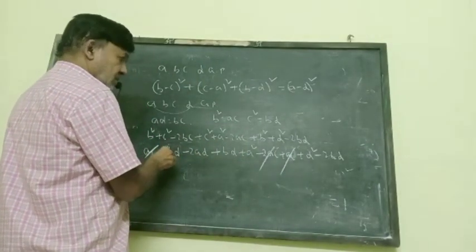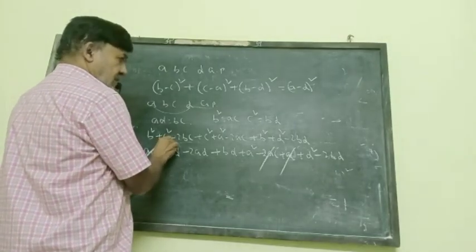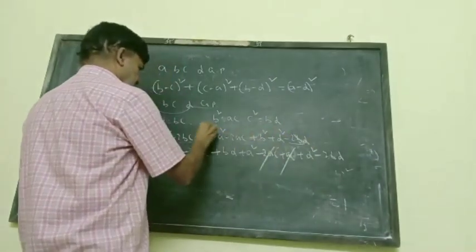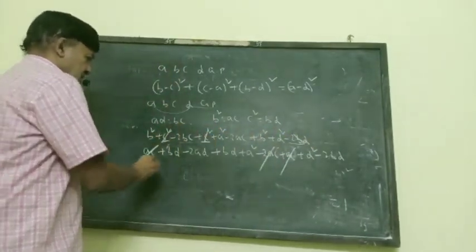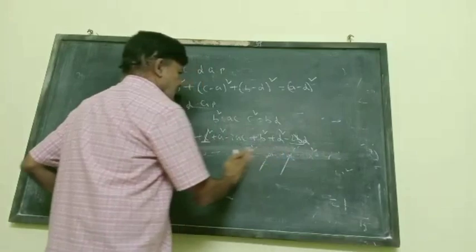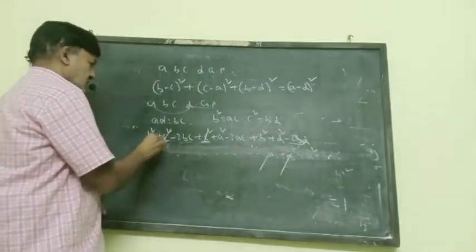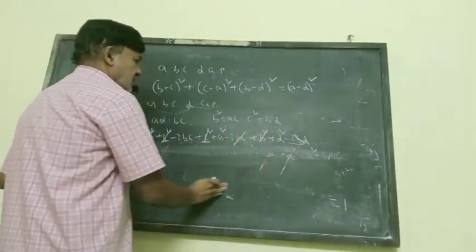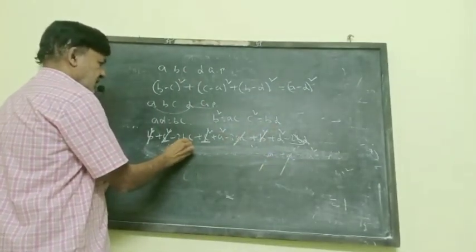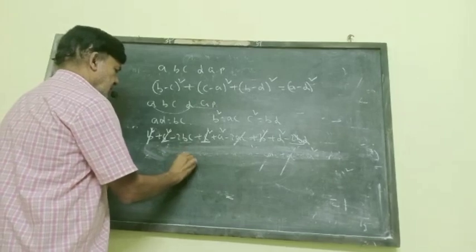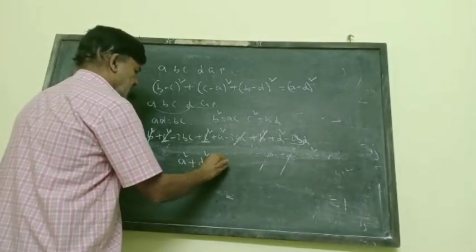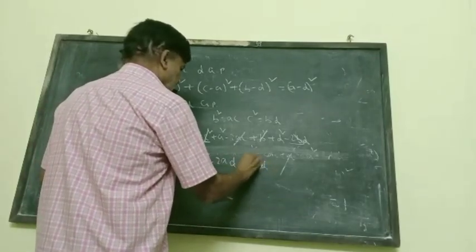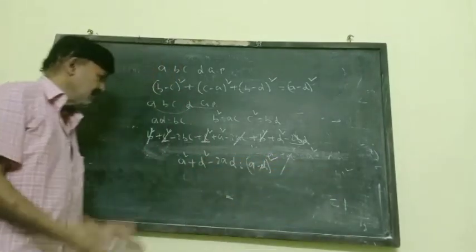BD. Here BD, so this is C square. These will cancel. Right. So B square, 2AC. But what is BC? AD. So you got directly A square plus D square minus 2AD, which is equal to (A minus D) whole square. That's it.